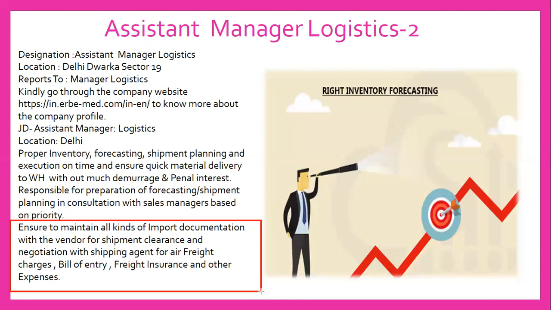Now we will discuss vendor shipment clearance and negotiation with the shipping agent on freight charges. In the case of importing, just like when we need to pick up material from Indonesia, what do we do? First we have to negotiate clearance and freight charges with the shipping agent.